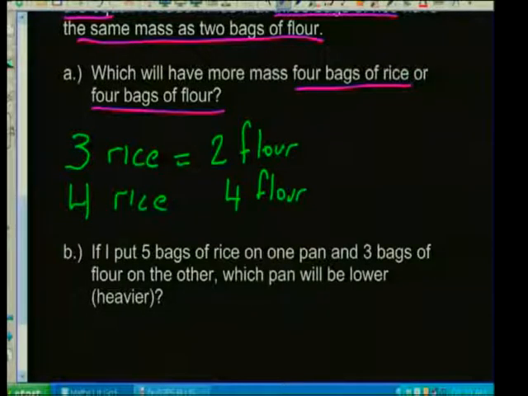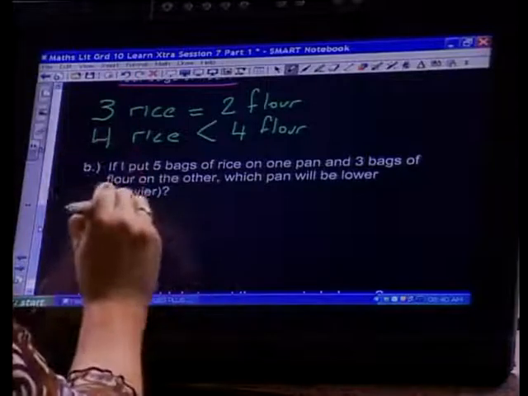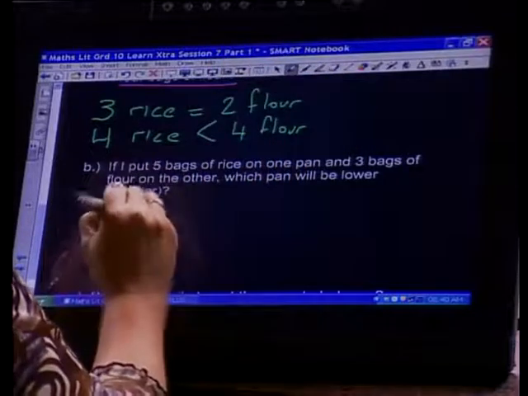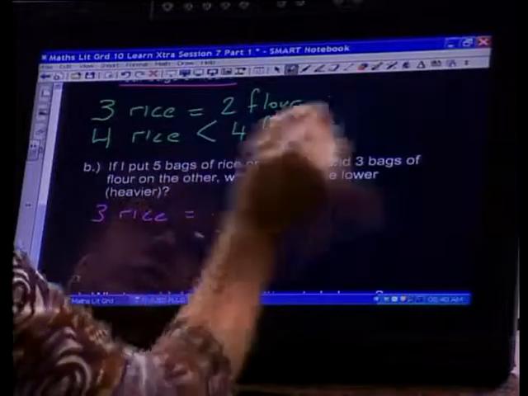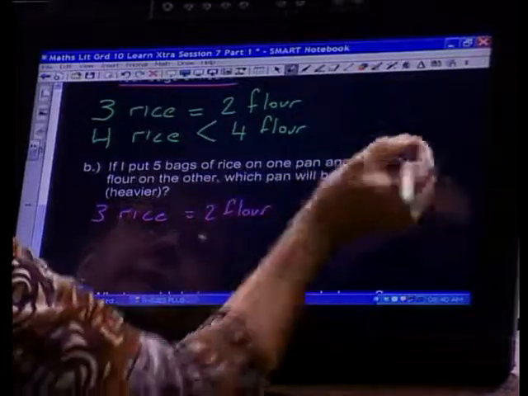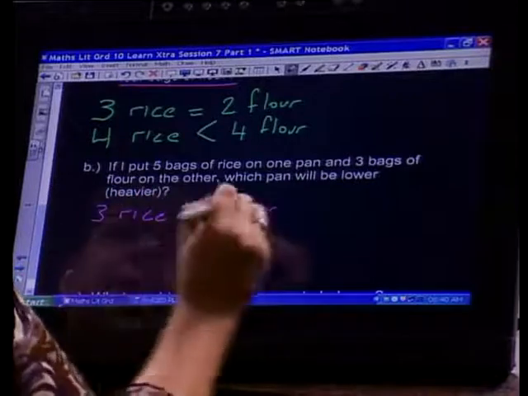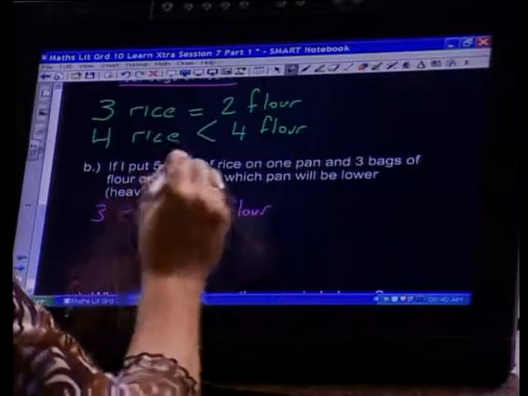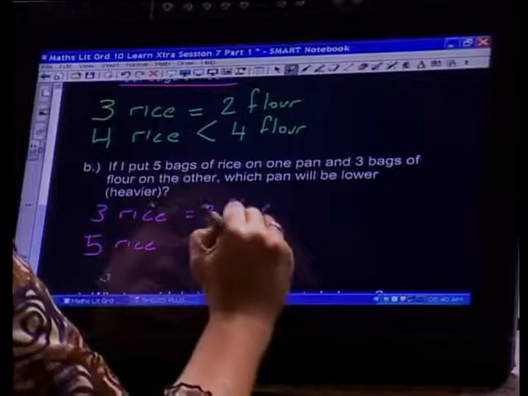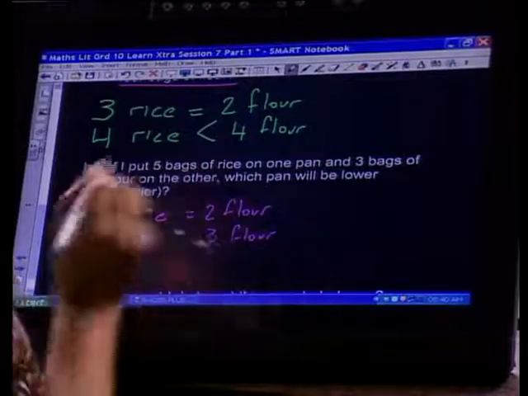If I put 5 bags of rice on one pan and 3 bags of flour on the other, which pan will be lower? Okay, let's go back to our original question. We had 3 rice is equal to 2 flour. Now I want to know if I put 5 bags of rice and 3 bags of flour, which will be heavier.